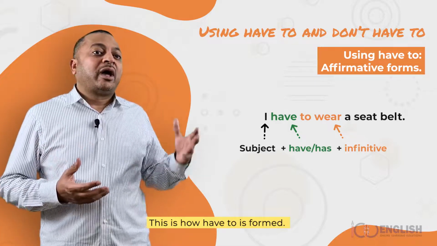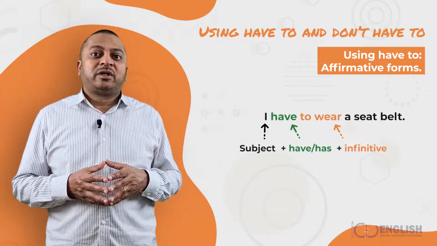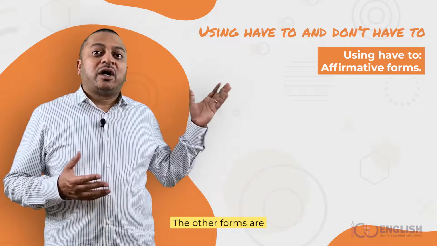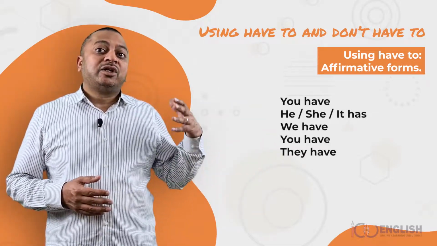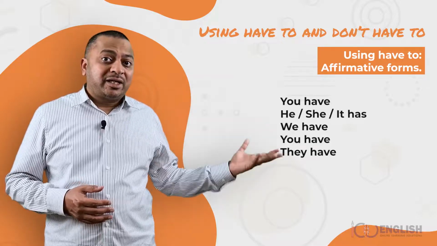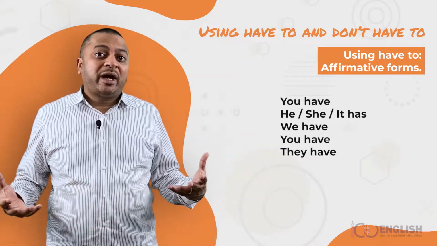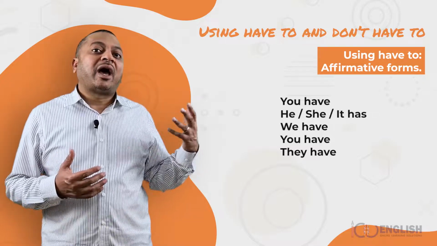This is how have to is formed. The other forms are you have, he has, she has, it has, we have, you have, and they have.